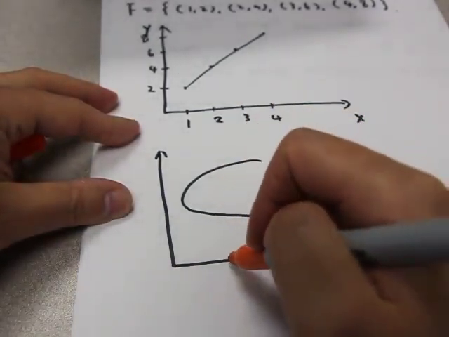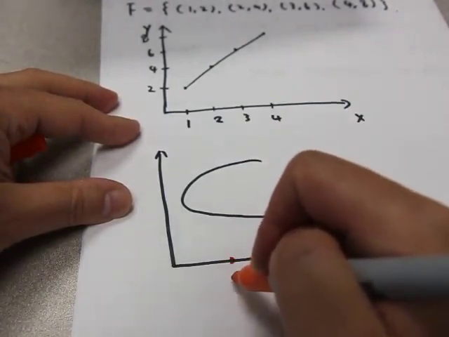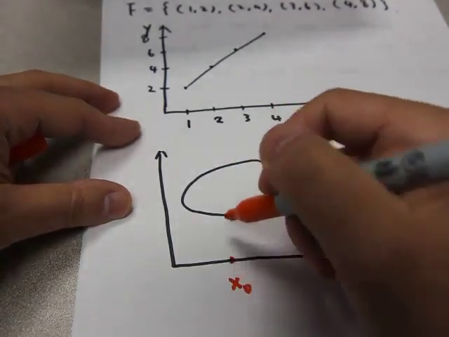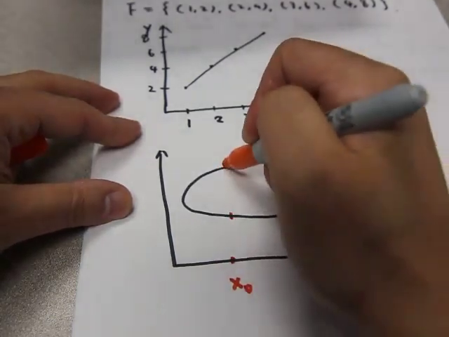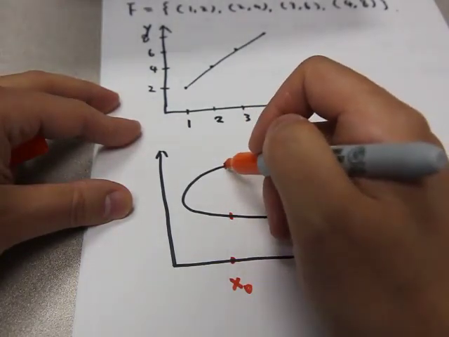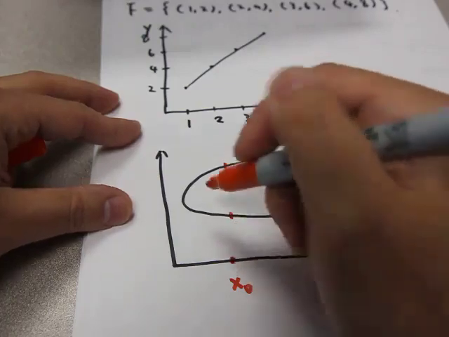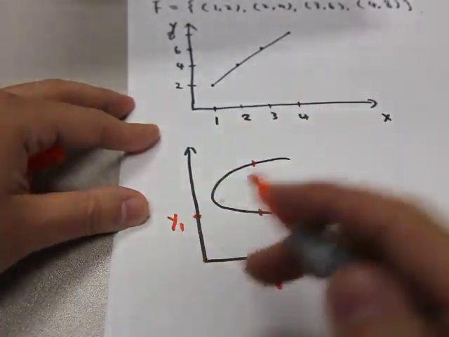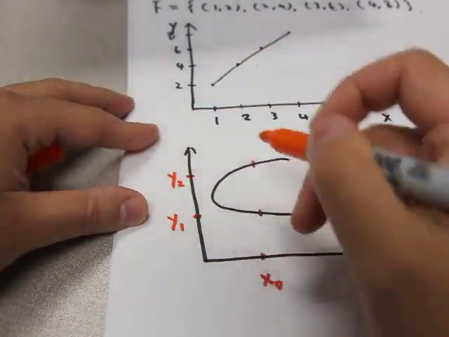let's look at here. Let's say this is a number x0, and above this number x0, there are two numbers corresponding to it. This number is called y1, and this number is called y2.